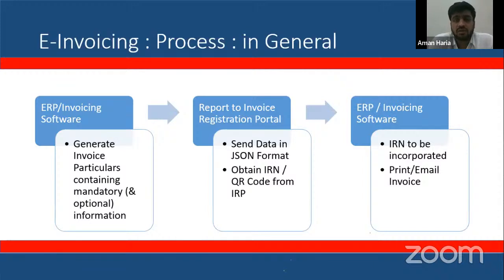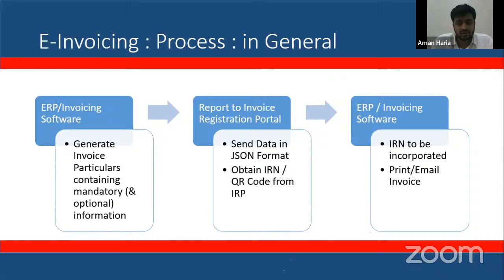Okay, so what is the general process of generation of an e-invoice? So first, as your current business practices happen, contracts are entered, services are rendered, goods are supplied. Once that happens, you generate an invoice from your system or Excel or whatever the process that is being followed currently.